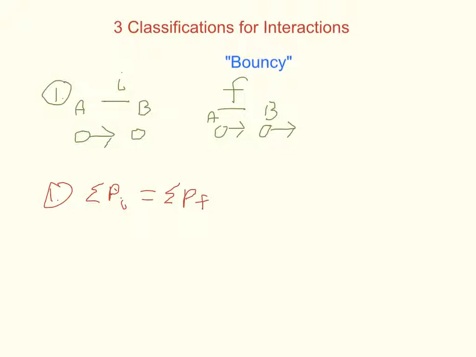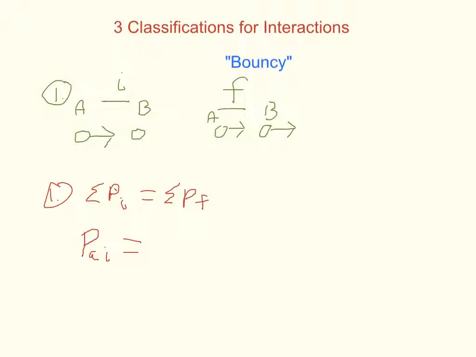Looking at the diagram that I drew, initially, only object A has momentum. So only the momentum of object A will be accounted for initially.